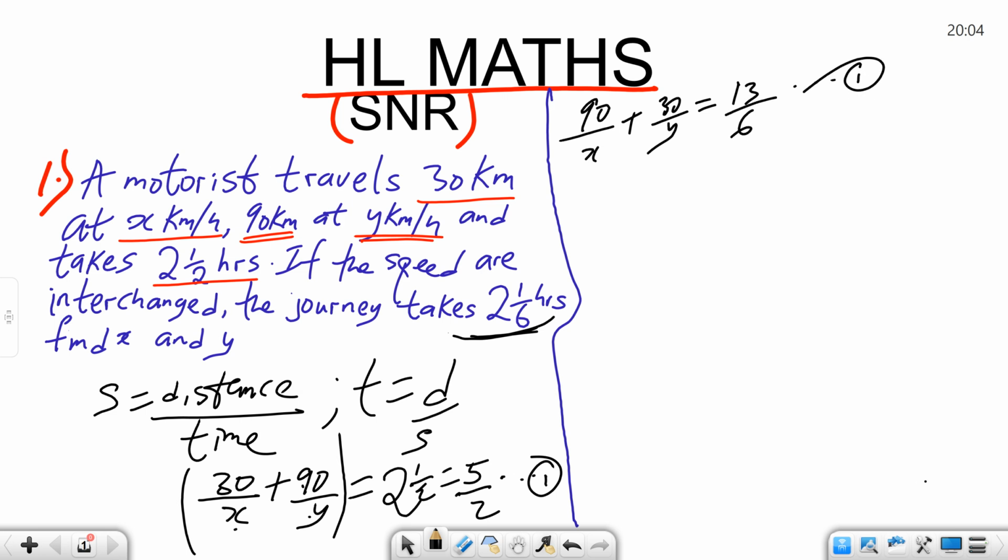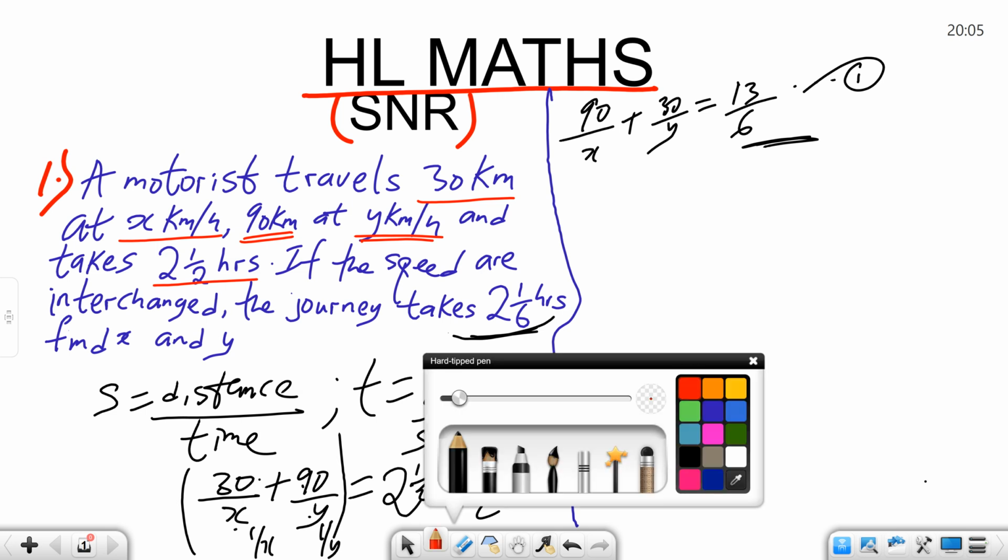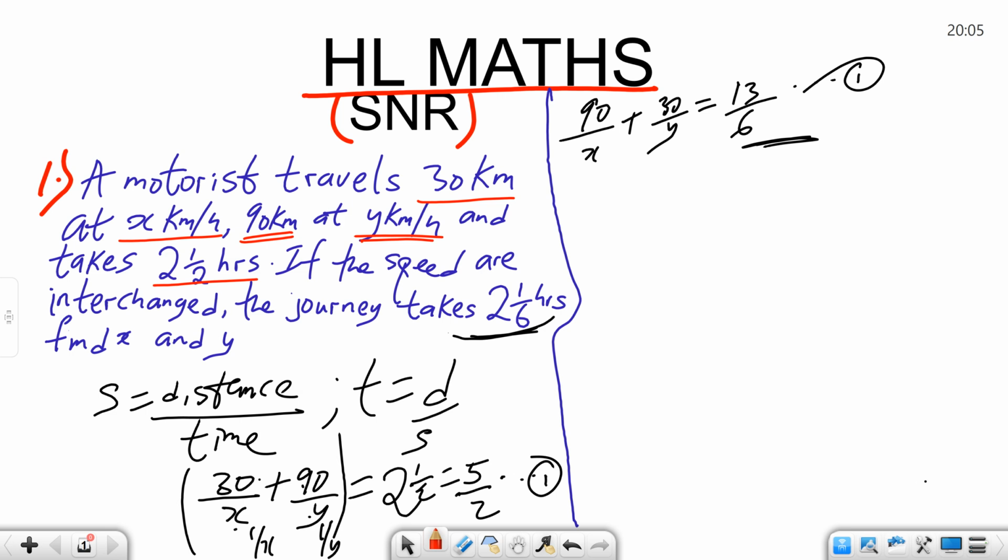So we have two equations here. Now if you observe, in the first equation I'm having 1 over x. 30 times 1 over x is the same as 30 over x. So I have 1 over x somewhere here, and 90 over y is 90 times 1 over y, the same as in this other equation. So that means I can take 1 over x as a, then take 1 over y as b.